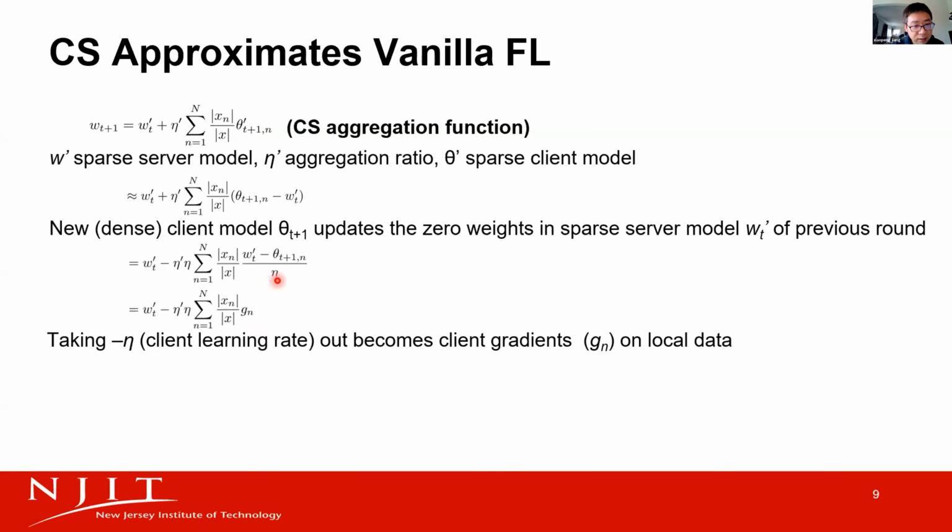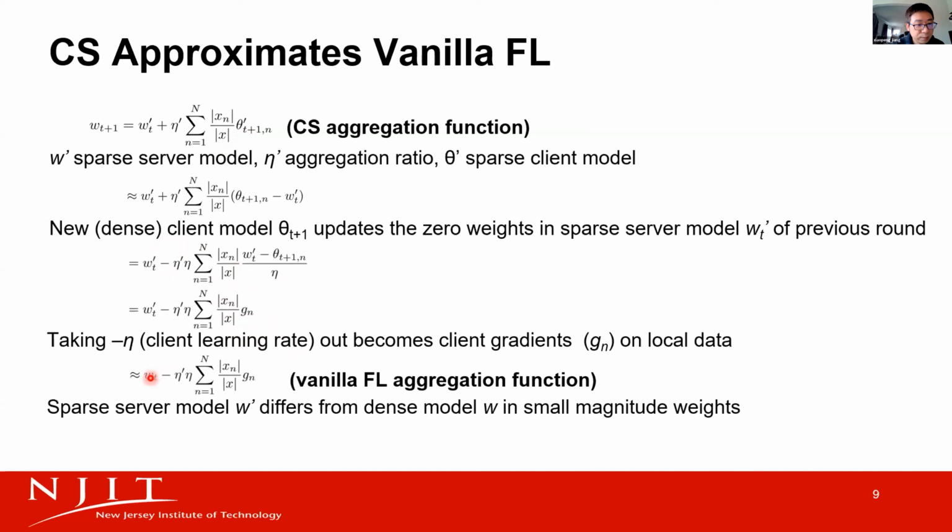And then we can take the client learning rate out, and then it becomes the gradients on the local data for the clients. And essentially, because the global sparse model approximates the global dense model, we get the vanilla federated learning aggregation function.